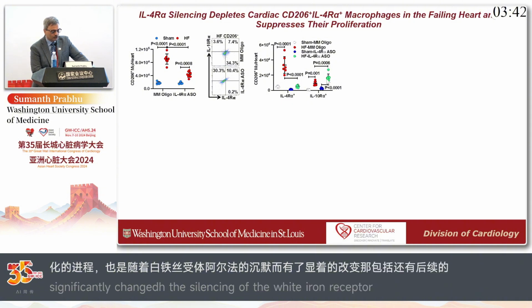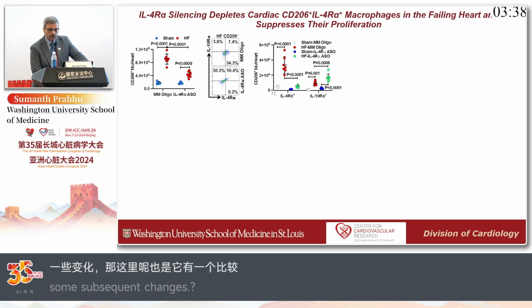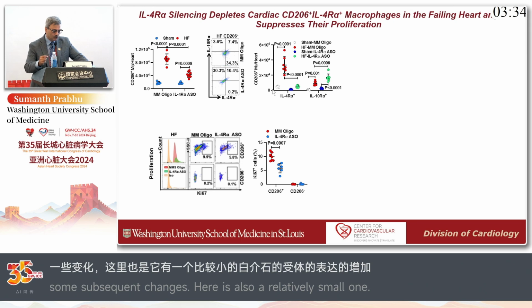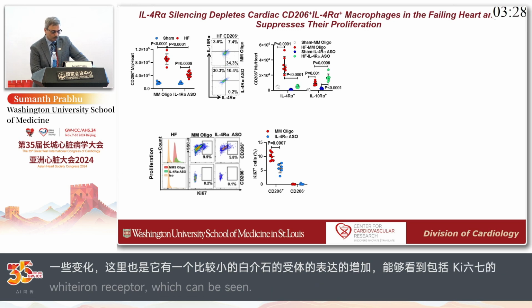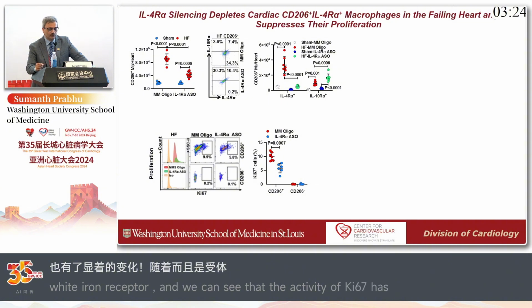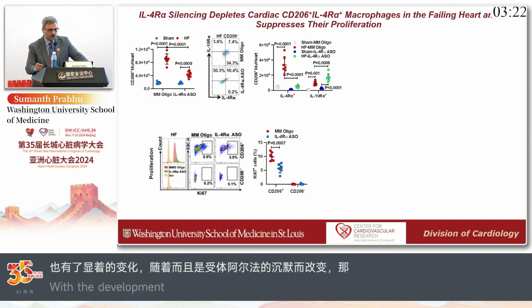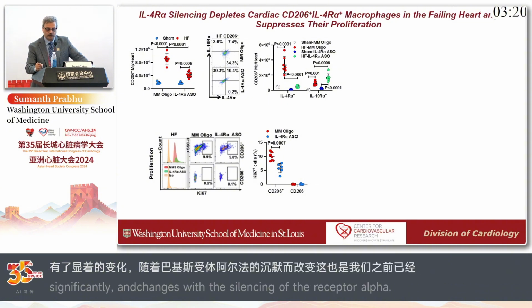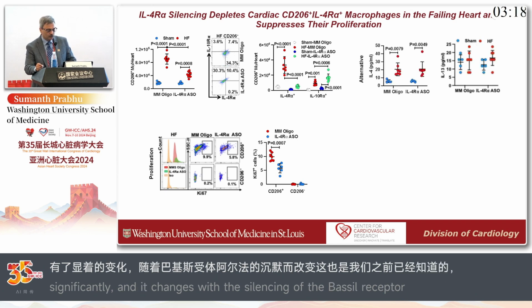Interestingly, a small increase in IL-10 receptor alpha expression, with total macrophages and IL-4 receptor alpha expressing resident macrophages decreased, and we saw a decrease in Ki67 positivity, indicating that we broke the cycle by reducing macrophage proliferation, and this is in line with the known effects of IL-4 as a cell proliferator, induction of macrophage proliferation.